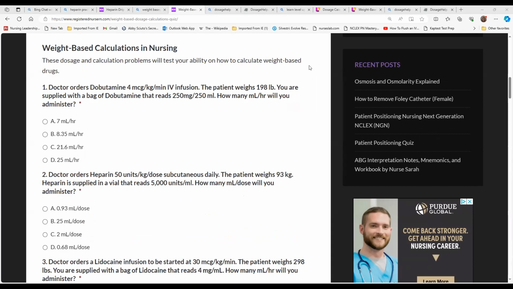Your order, 4 micrograms per kilogram per minute. And what you have on hand, which is 250 milligrams per 250 ml. Everybody got their information? I got it. Okay, if you don't say that, then I assume you have it.